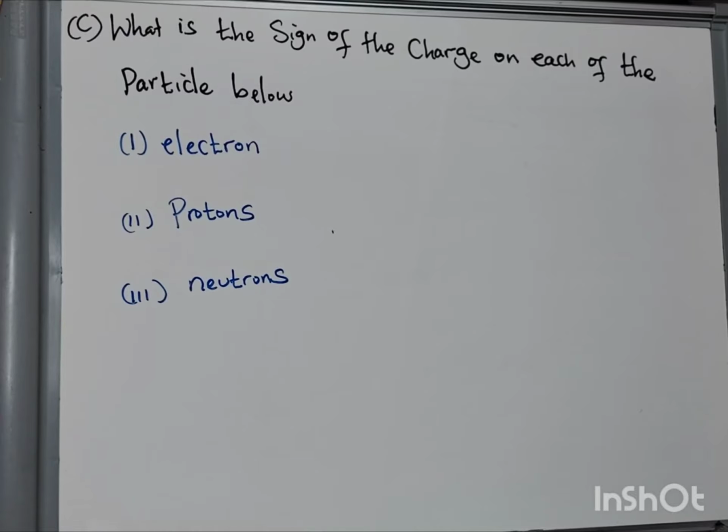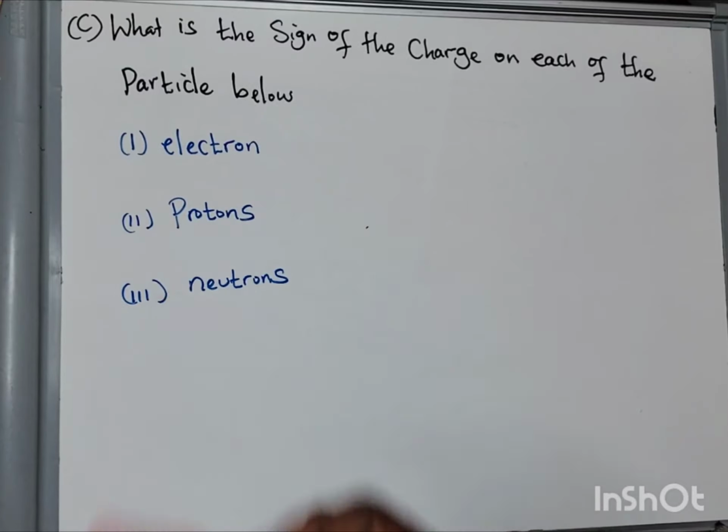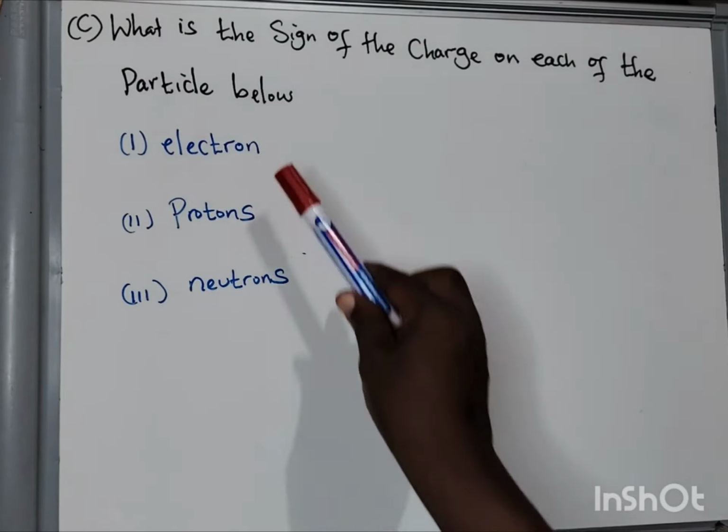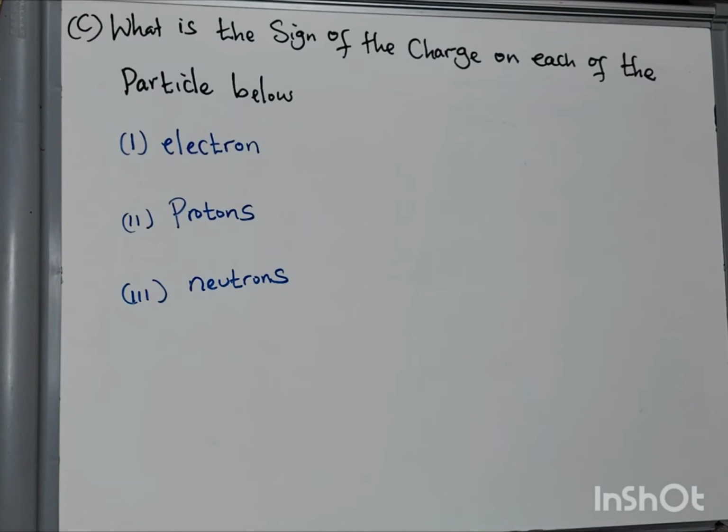So comes this question. It says, what is the sign of the charge on each of the particles below? These are the 3 particles which we find inside the atom of any element.